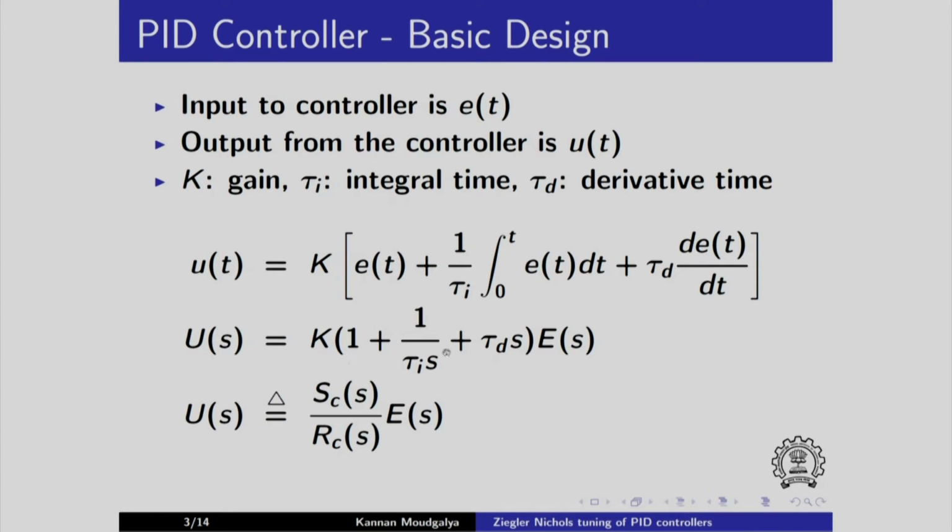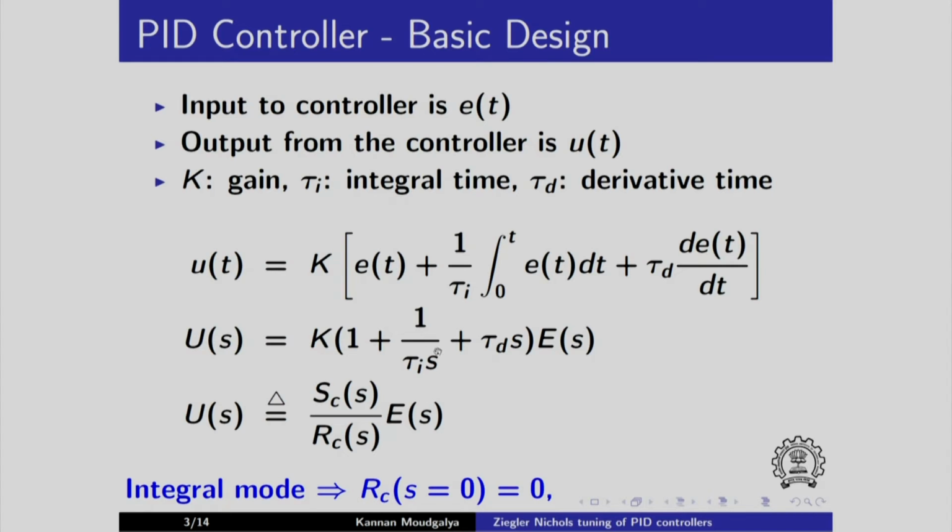Now I can common factor this, and the denominator has tau I of s. We will generalize it as RC of s in the denominator. We will refer to the numerator terms as SC of s. You have to remember this. This is the expression we will use in the rest of this lecture and also in subsequent lectures.